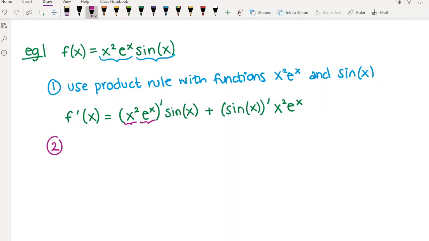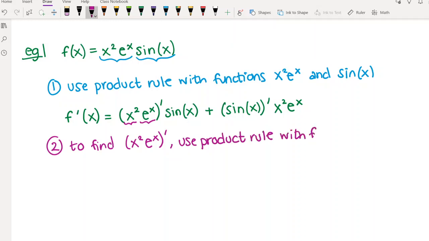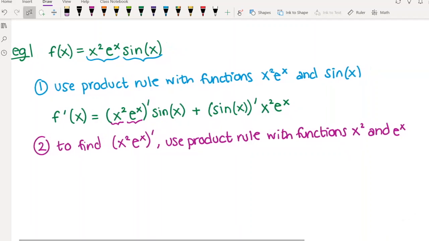So next, in order to find the derivative of x squared e to the x, we're going to use the product rule again with functions x squared and e to the x. And hopefully I'm not getting off screen. I know it cuts off somewhere close to where I am, so maybe I'll nudge it over a little.